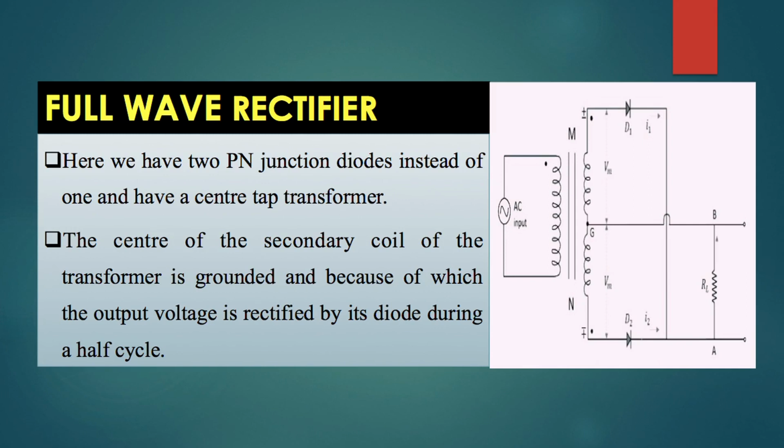Again, during the negative half cycle, point M will be at negative potential while point N will be at positive potential. Hence diode D2 will conduct, being forward biased, and diode D1 will not conduct as it is reverse biased. So finally, in a full wave rectifier, we obtain DC voltage for both positive and negative half cycles.